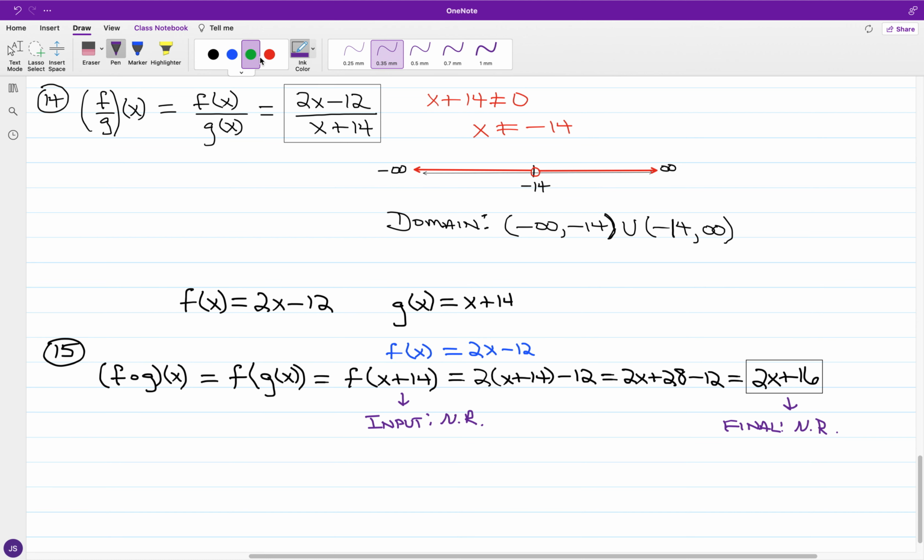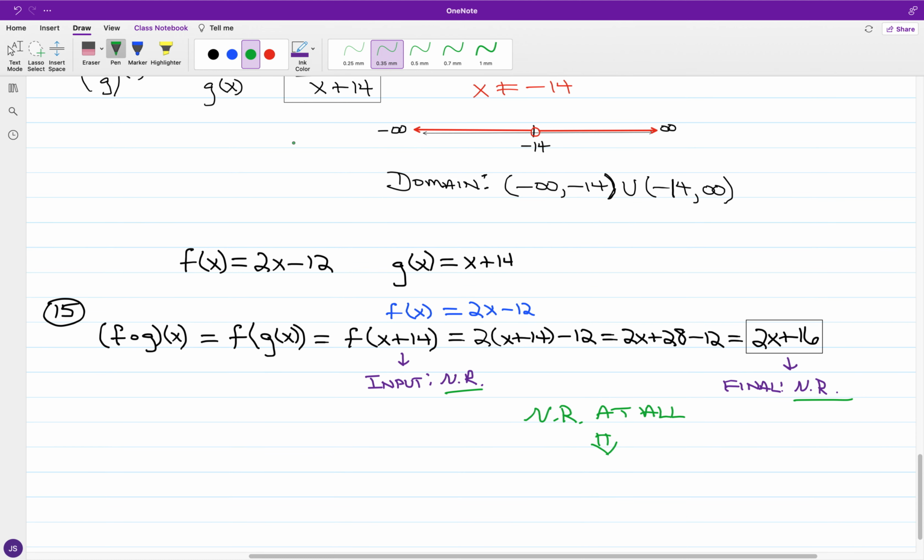So input has no restriction, output has no restriction. So you have no restriction at all. So there's no real value that is going to be left out. So for the composition f composed with g of x, the domain is going to be the set of all real numbers.